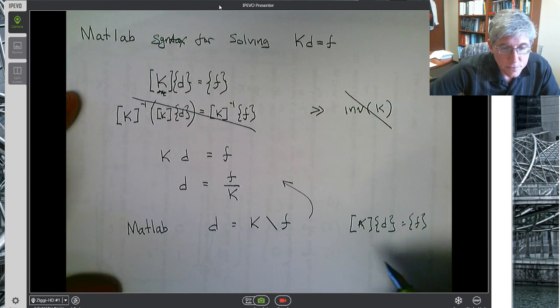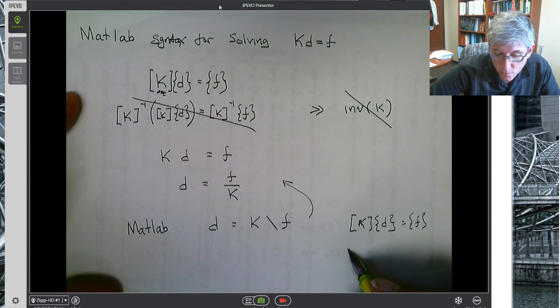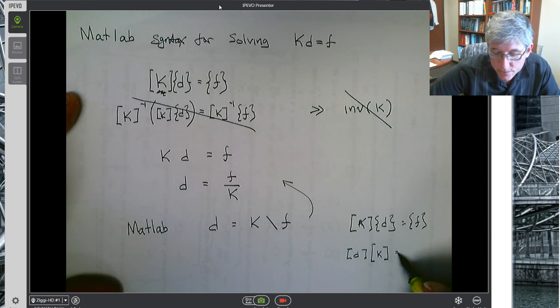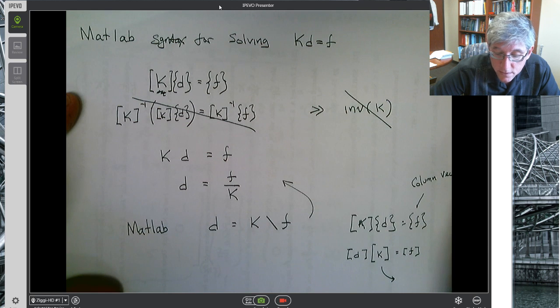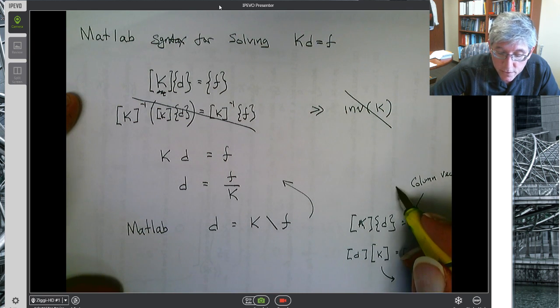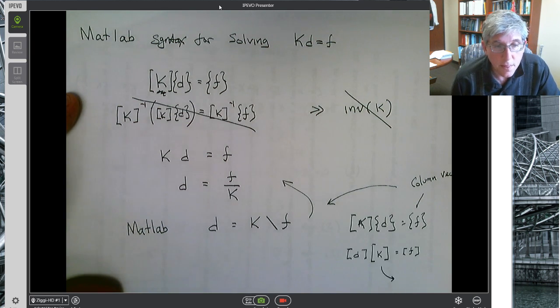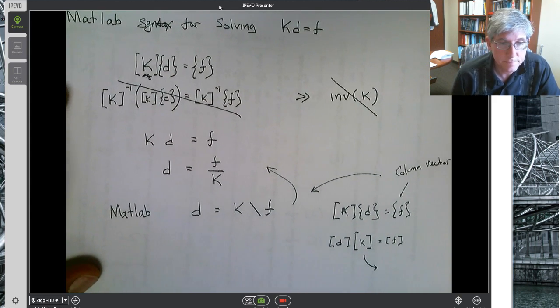Another type of system you could have is a row vector multiplied by a matrix equals a row vector. And if you have that situation, since these are column vectors, we use that syntax.